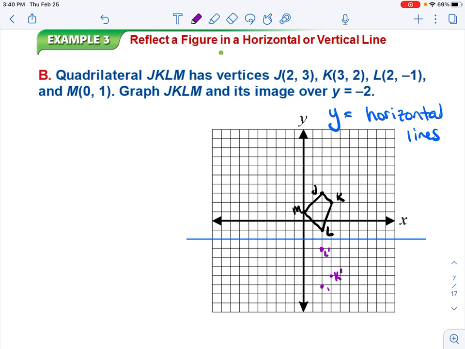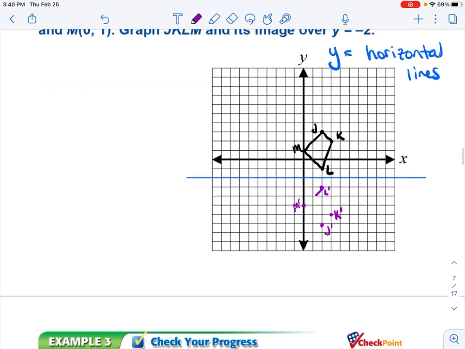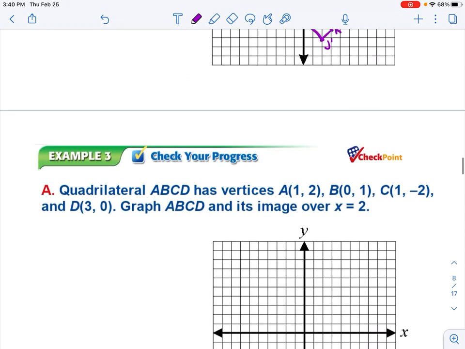J is 5, so we come down 5 for J prime. And M is 3, so we come down 3 for M prime. And then you can just go ahead and draw in your new image quadrilateral, and that is reflected across. Okay?